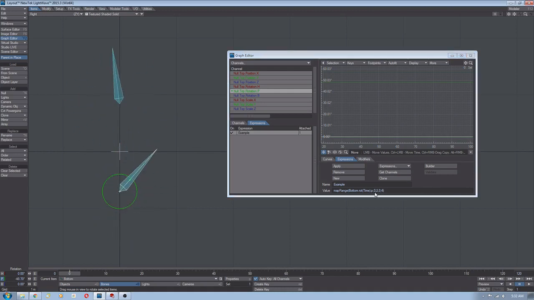And you can also do the bottom range as well. Like, let's make that one 1.5, and as you can see, it's going a bit slower. You can make it negative, and it'll go in the opposite direction. This is basically map range.